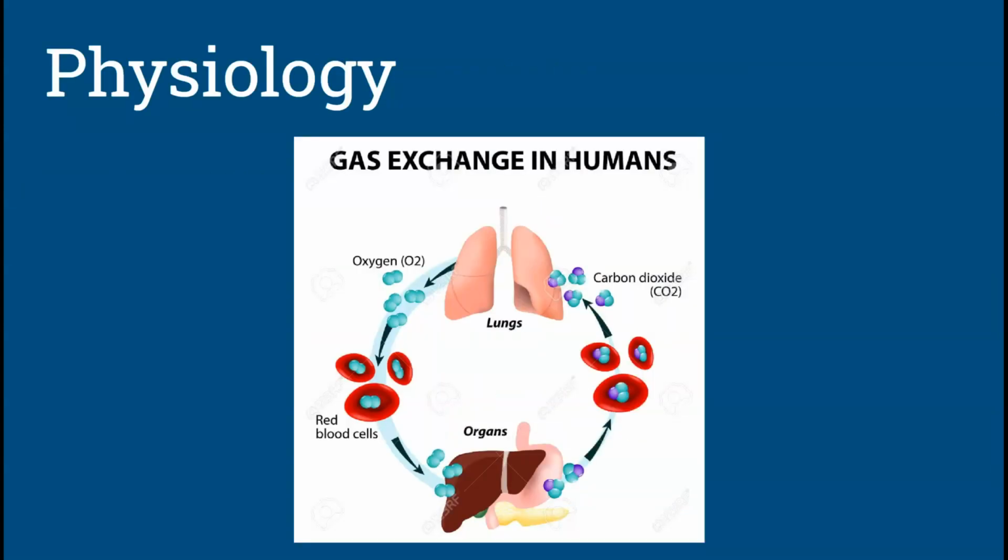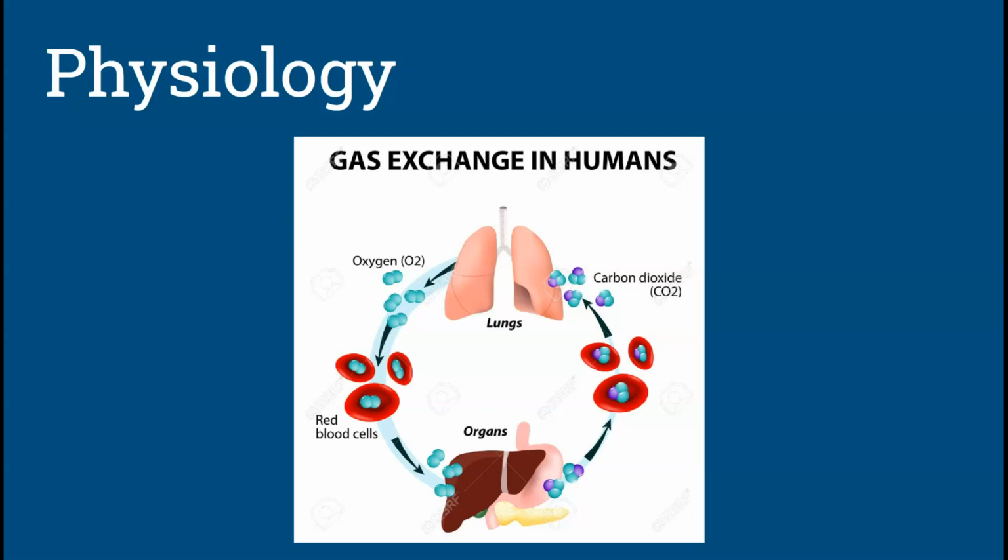So, going back to a brief review of the anatomy of how gas exchange works. You take oxygen into your lungs. The oxygen then diffuses into your bloodstream and is carried by your red blood cells to your organs. Your organs use it, primarily the mitochondria of each tissue uses oxygen in order to create energy.